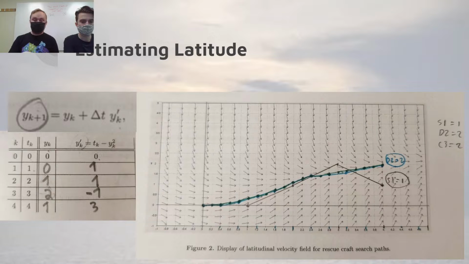We use the same method for D2 and C3 that we did on the previous longitude test, basing it off of 0.4 days per step for D2 and 0.2 days for C3.